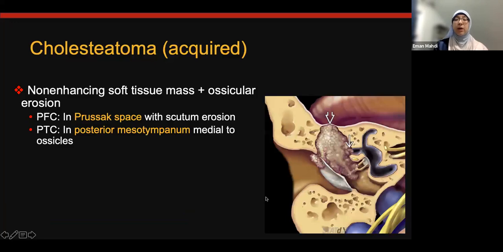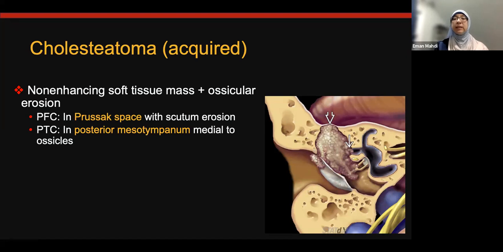As we continue with the acquired cholesteatoma, it's again a mass lesion with erosion of the ossicles, and it depends on the location. Pars flaccida cholesteatoma happens within the Prussak space between the scutum and the malleus, resulting in erosion of the scutum, which instead of being pointy becomes more rounded.